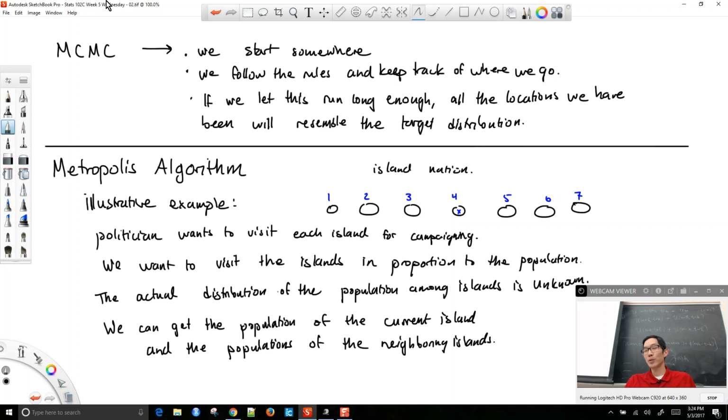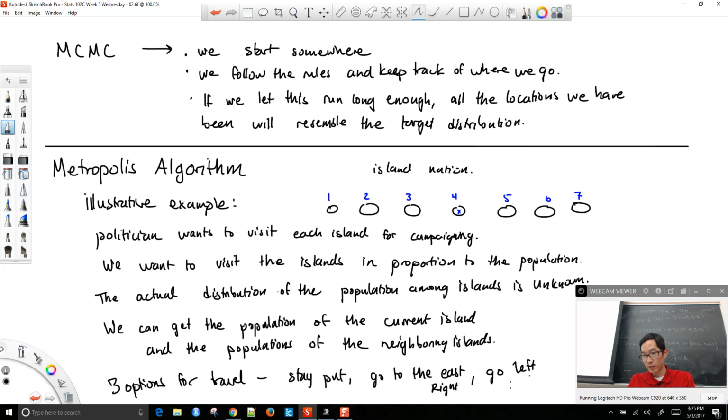So we have three options for travel: stay put, go east, which is to the right, or go west, which is to the left.